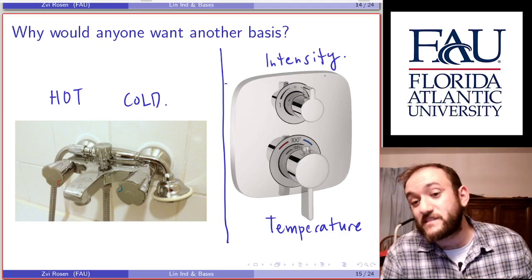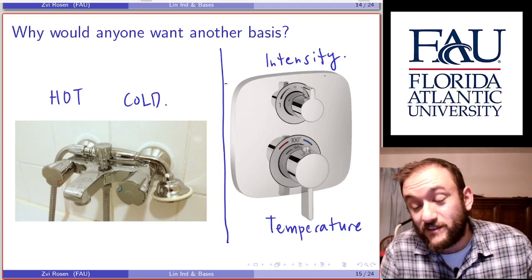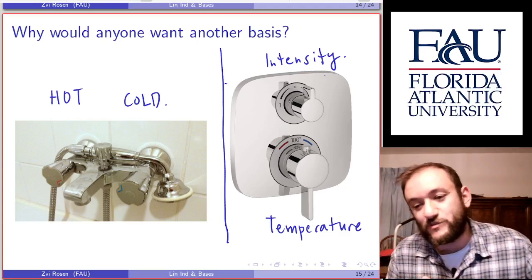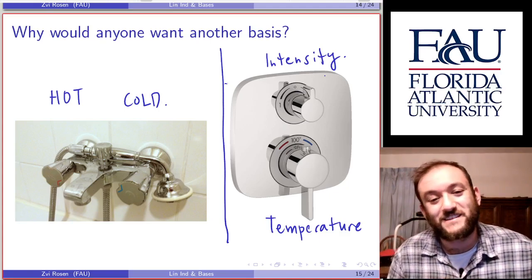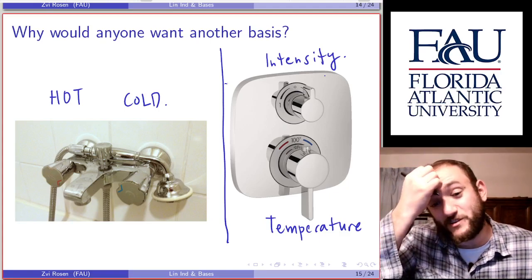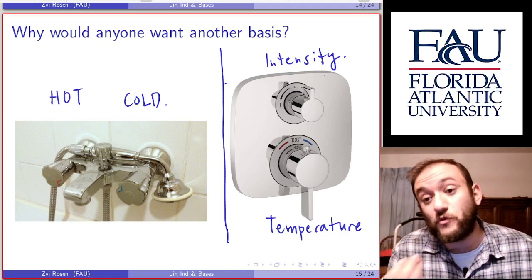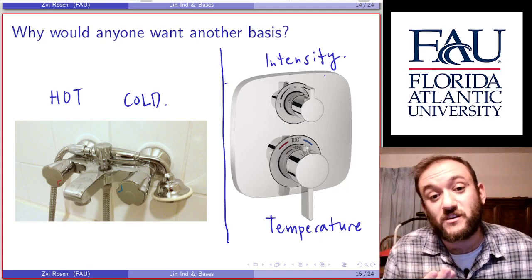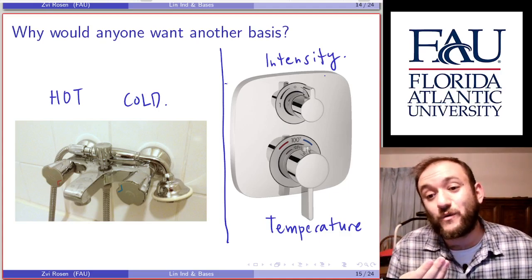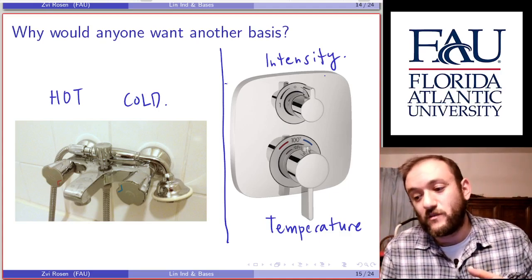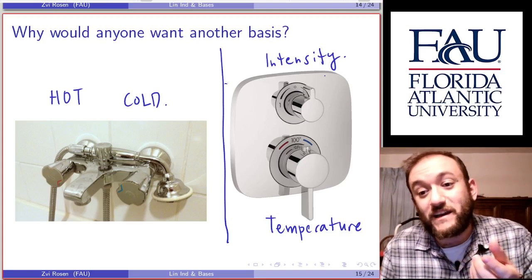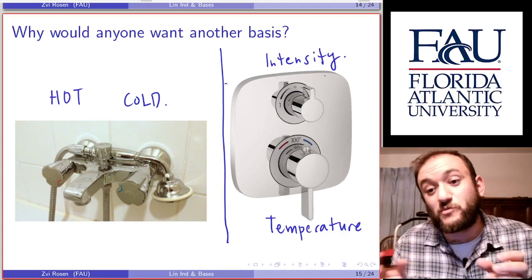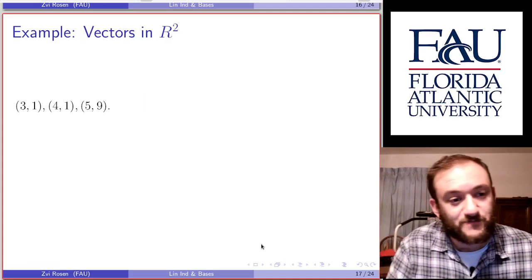So this is obviously more mechanically complicated to engineer because there's all sorts of computations that need to go into that control. But for the user, these basis vectors are much more relevant. I know exactly how to get the shower to be the way I want it by changing one basis vector or the other. I don't have to play around with both basis vectors at the same time.